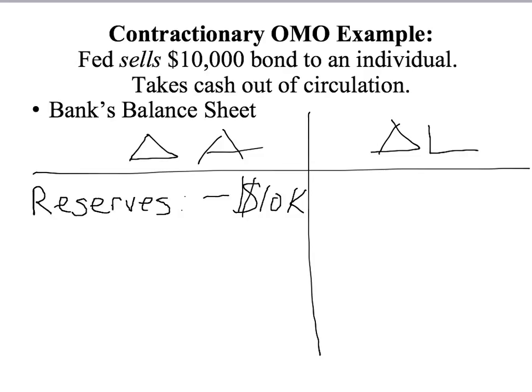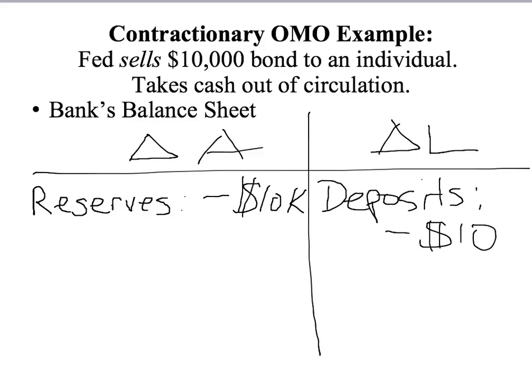And of course, because she has $10,000 less in her checking account, the bank's liabilities also go down. Deposits are going to be negative $10,000 as well. Once again, our change in net worth is still 0. So no one has changed net worth, neither the Fed, nor the individual, nor the bank, except there's been a decrease in the amount of cash flowing through the economy.